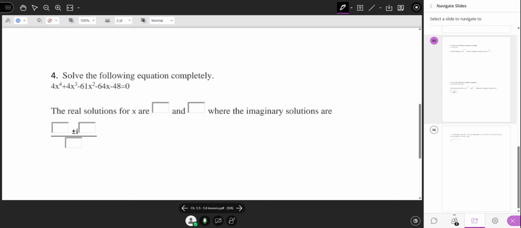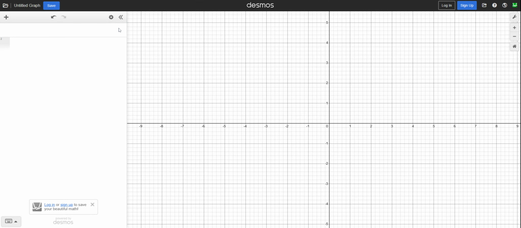Now this one, you do want to do this with Desmos. Just saying. 4x to the 4 plus 4x to the third minus 61x squared minus 64x minus 48. Nasty, nasty problem, just saying. Ugly, ugly, ugly.